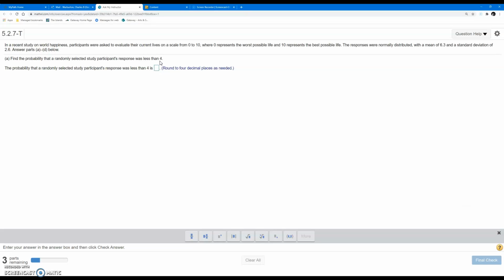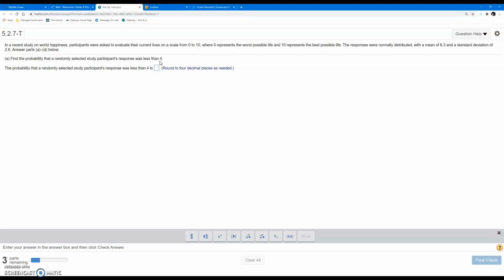So if we wanted to, we could convert this to a standard normal by looking at another normal curve. This one's a little bit smaller, but I wanted to show you a standard normal. The standard normal always has a mean of 0 and a standard deviation of 1. That's what makes it the standard normal.